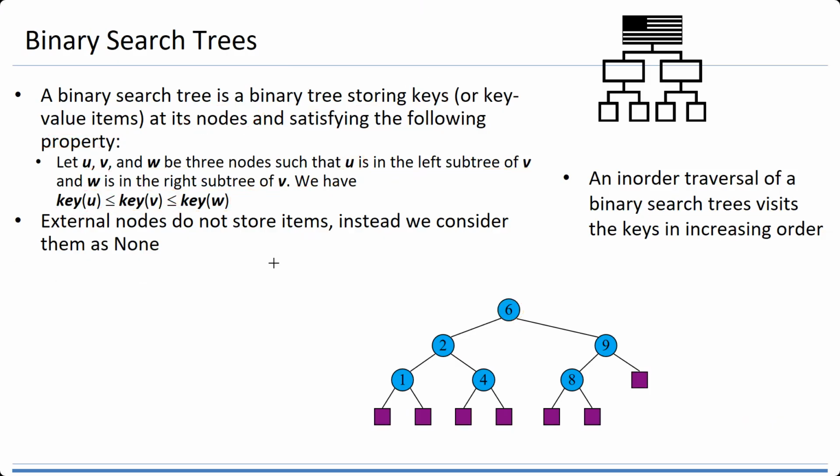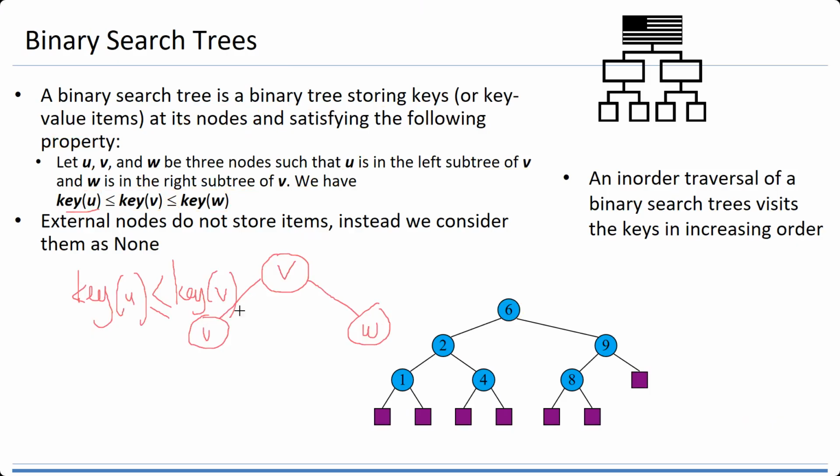So I can draw it like this. This is v, and then I have u and I have w. The key of u will be less than or equal to the key of v, and then the key of v will be less than or equal to the key of w.